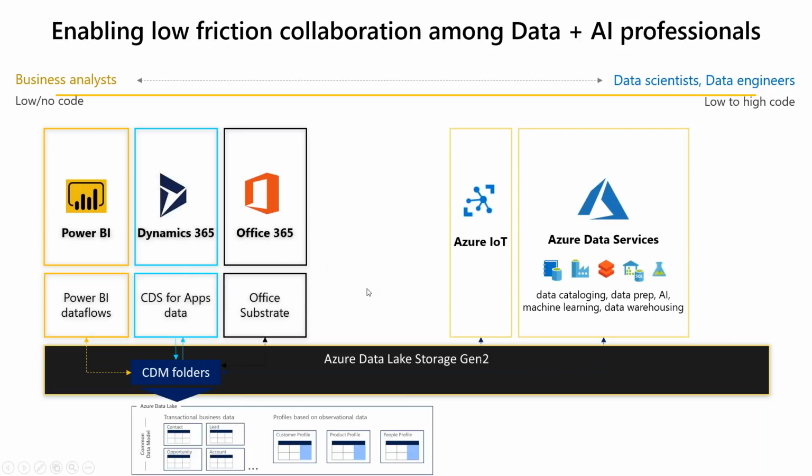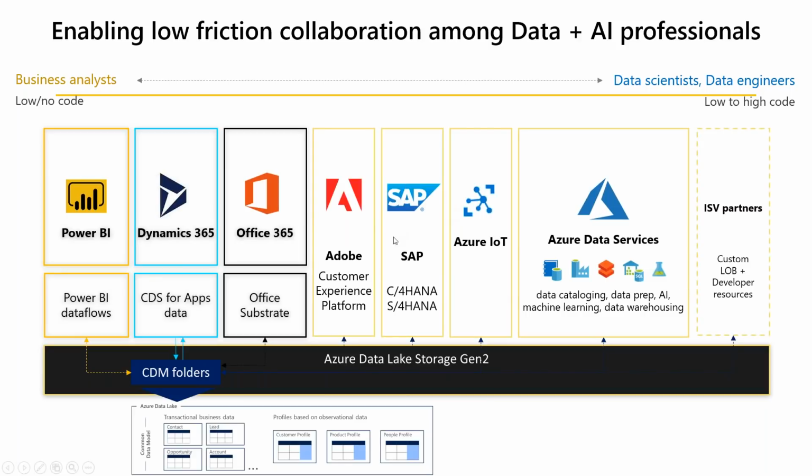In Office 365, we have it, in Azure Data Services, in Azure IoT Services, and later on SAP and Adobe are also going to use the Common Data Services concept. So it's like a central hub for connecting or integrating applications with each other. That's how the Common Data Services plays in the middle of all of these, right?